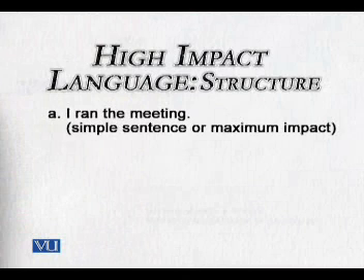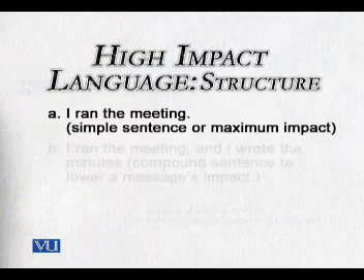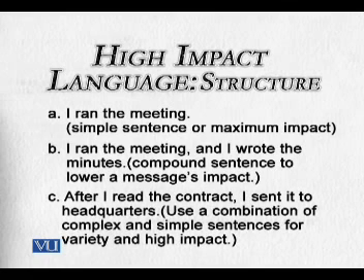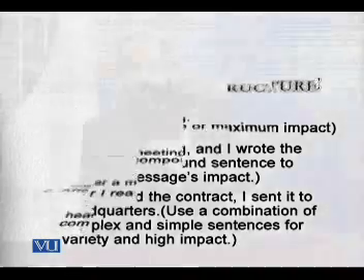If you take a look on your screen, I ran the meeting is a simple sentence. And second is, I ran the meeting and I wrote the minutes. The third sentence is, after I read the contract, I sent it to headquarters. First sentence is simple, highest impact. Second sentence is compound, lower impact. Third sentence is complex, high impact and variety.